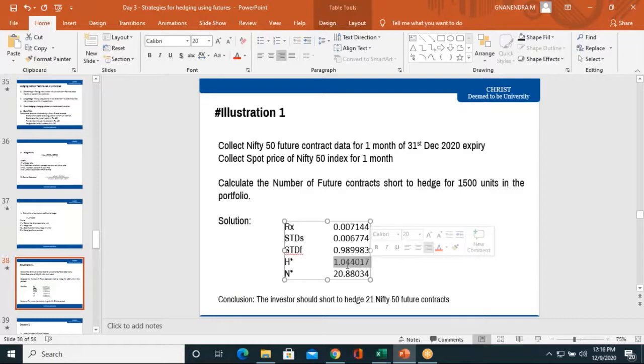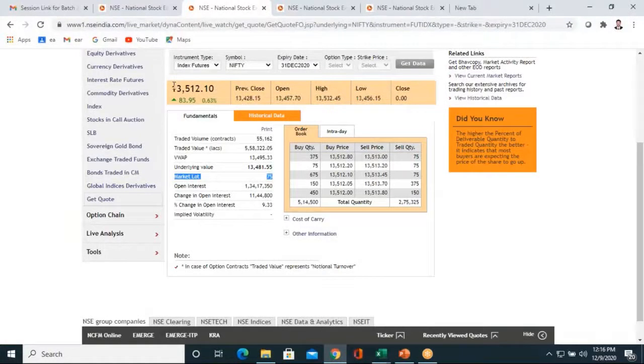For 1,05,000 rupees, you're ending up with 21 contracts. What is that 21 contracts? It's not a very small value. 21 into this value, into 75. So I will just give a clear picture of that.